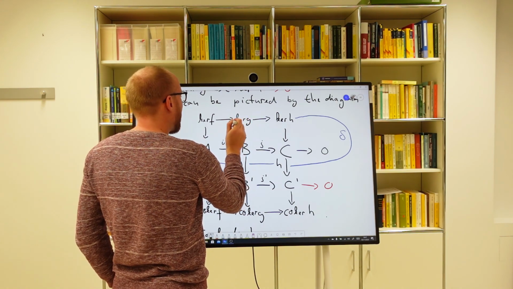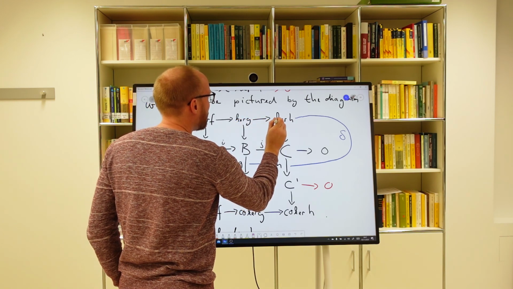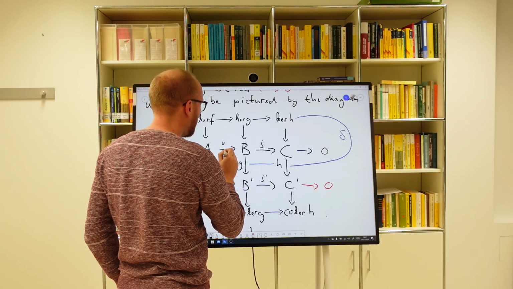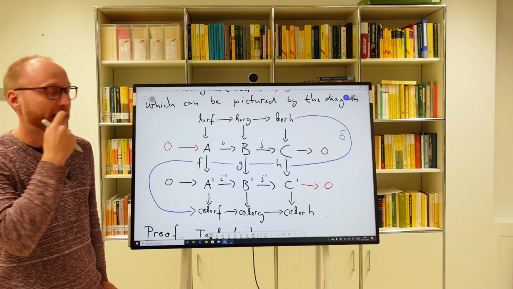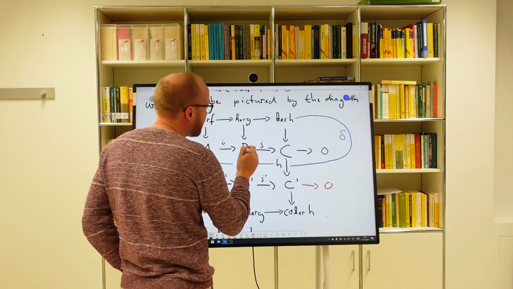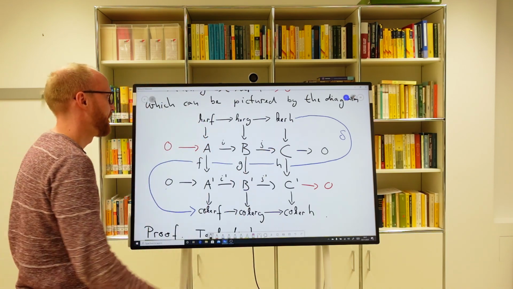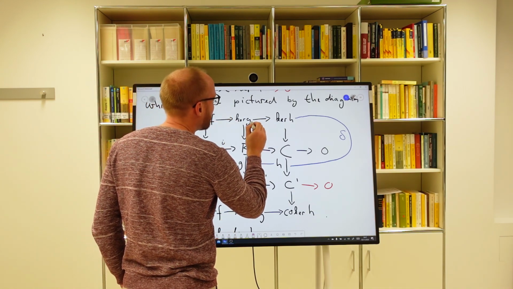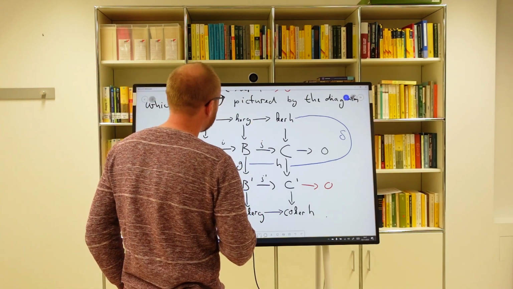Well, if I have an element in the image of this morphism and I map it forward along this morphism, remember these arrows are just restrictions, that means I map it along two consecutive arrows in an exact sequence, and this gives 0, because the image of this map is not only contained, it's actually equal to the kernel of this map. So in particular, it's 0 if I map it along two arrows. And this means precisely that the image of this homomorphism is contained in the kernel of this homomorphism. Well, this was easy.